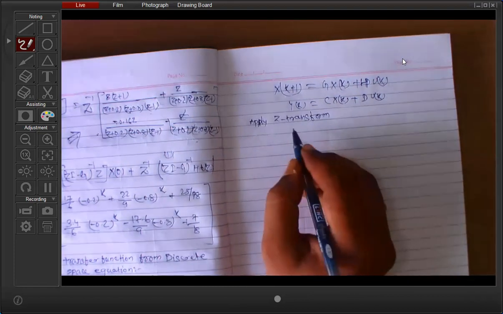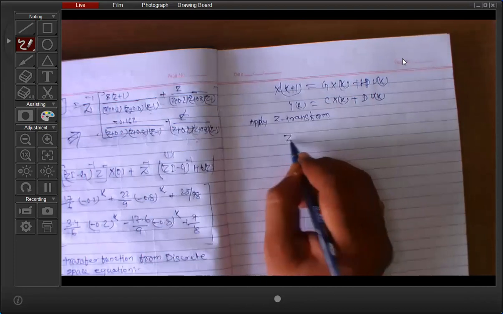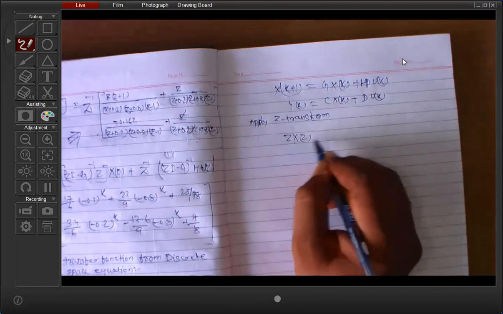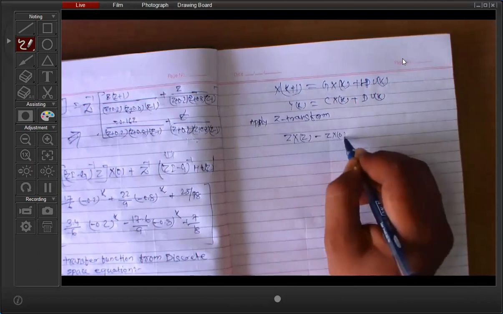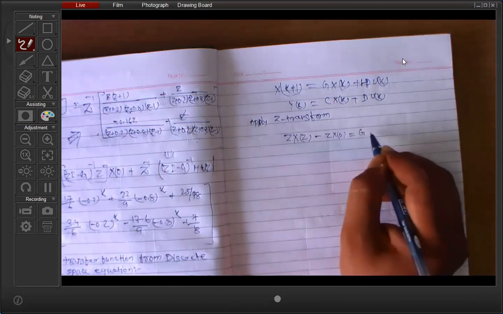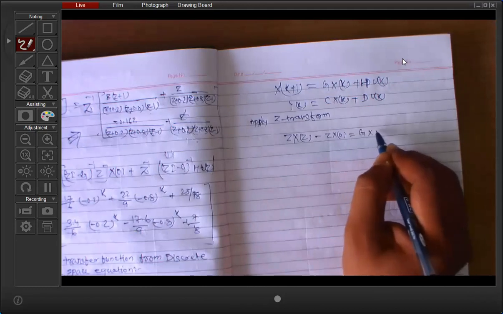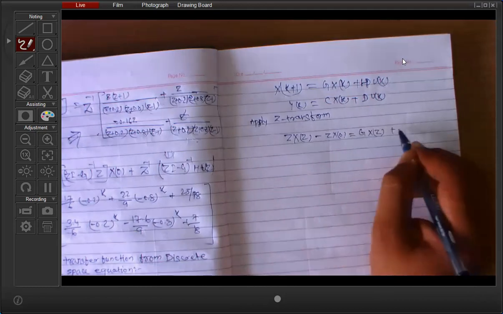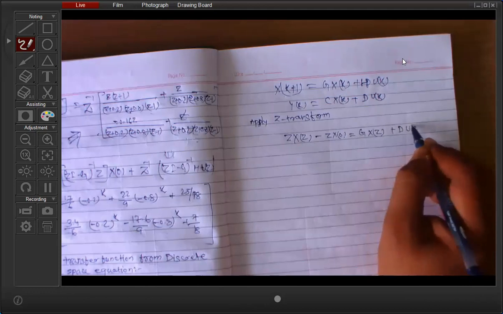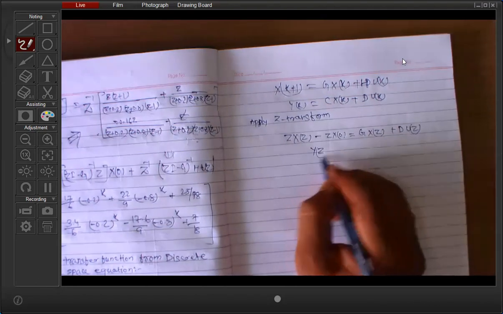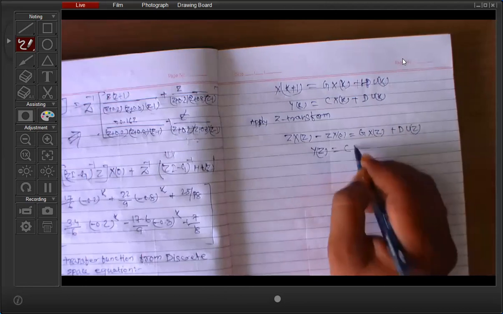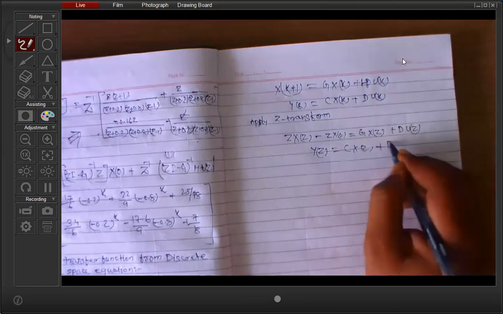So it becomes zX(z) minus zx(0) is equal to G X(z) plus H U(z). Okay, and the output equation becomes Y(z) is equal to C X(z) plus D U(z).